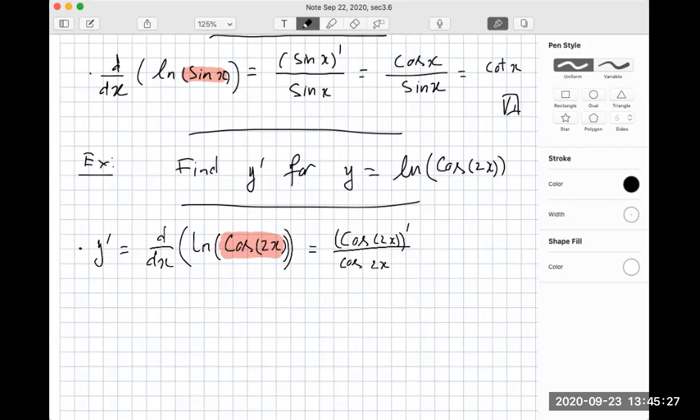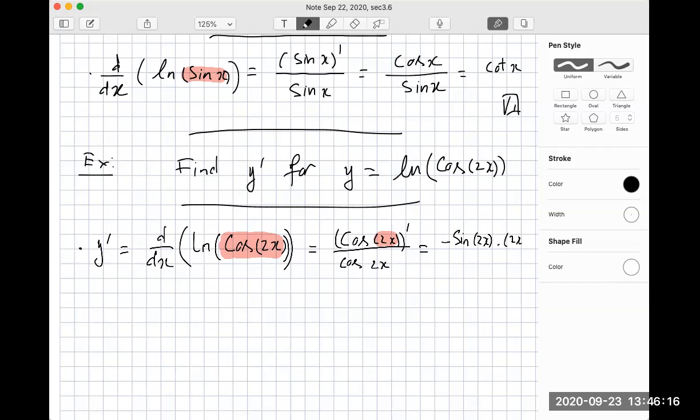So the derivative of cosine 2x is a little bit tricky, right? Here, cosine is a function of 2x. So again, we need to use the chain rule, okay? Imagine this is cosine of another function. So it will be, what is it? Yes, negative sine of 2x, and then multiply by the derivative of the thing inside, which is 2x.